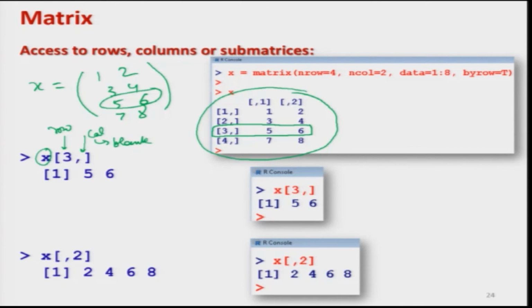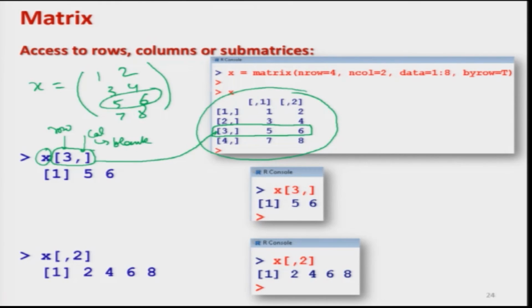As long as you give the address to be blank, this will indicate to R that the entire row is needed. It is not difficult to remember, because if you see this 3 comma blank inside the square brackets, this is the same address which is given over here. So, that is not even difficult to remember.